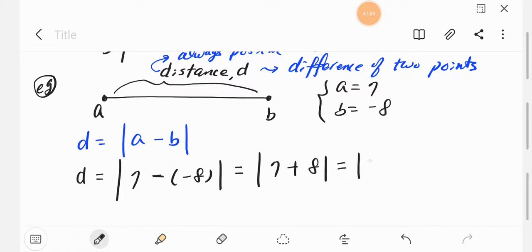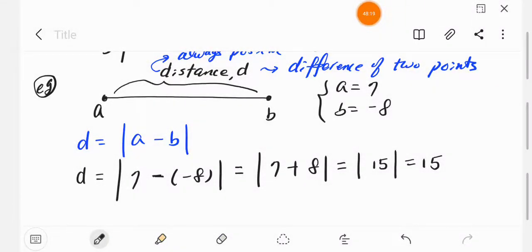Then the absolute value of 7 plus 8 is 15. And then the absolute value of 15 is still 15, because 15 is already positive. So that is how we can find the distance between two numbers: subtract two numbers and then take the absolute value, making it a positive number.